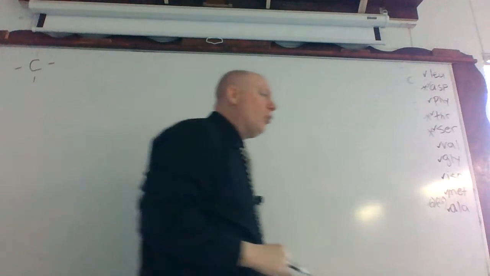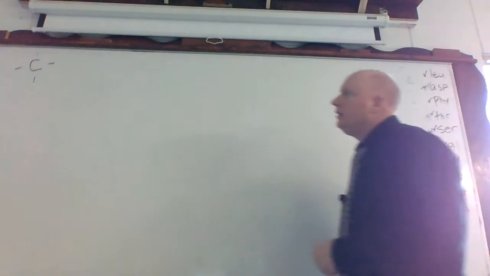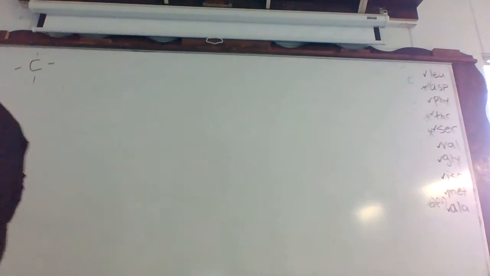If there's nothing else written on those dashes, what does that mean? Those are hydrogens on there, okay? So if we change that suffix to ene, can we draw methane? We just drew methane.